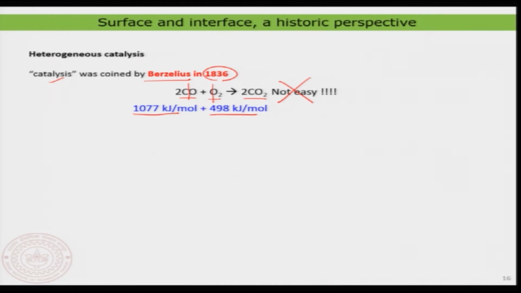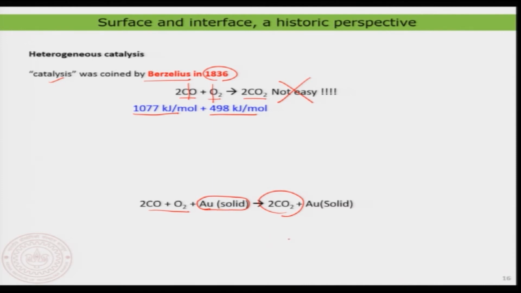That is where Berzelius's reaction comes into play, where he showed that the carbon monoxide and oxygen reaction can lead to the formation of carbon dioxide if you use a small amount of gold solid inside the reaction pot. Gold, as you might know, is an inert material, a noble metal, which is supposed to do nothing if you add it to the chemical reaction. But surprisingly, even gold does something to the chemistry.